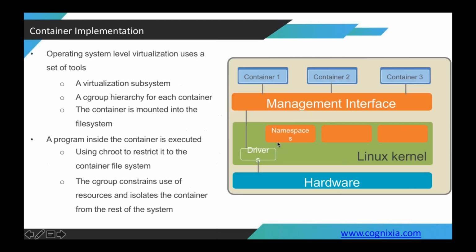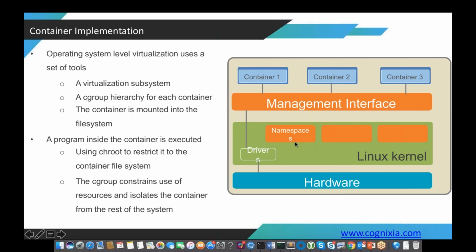All right, so let's try to understand the architecture for containerization, how the containers actually run. Whenever we talk about containers, the very first thing is the physical hardware which would be running.